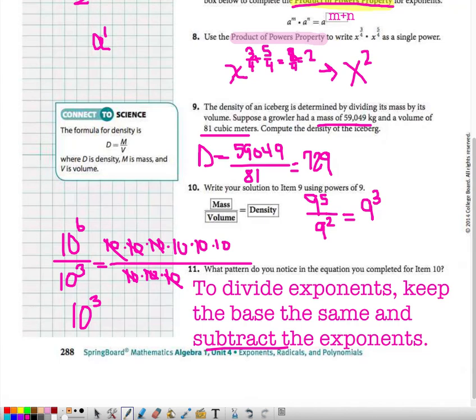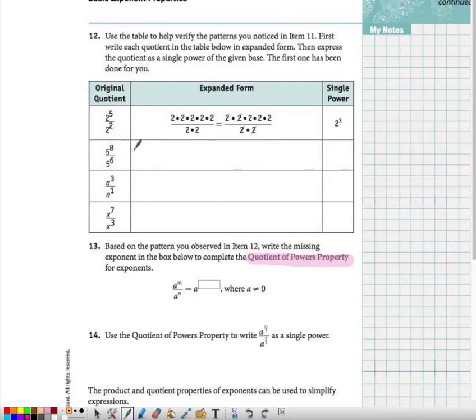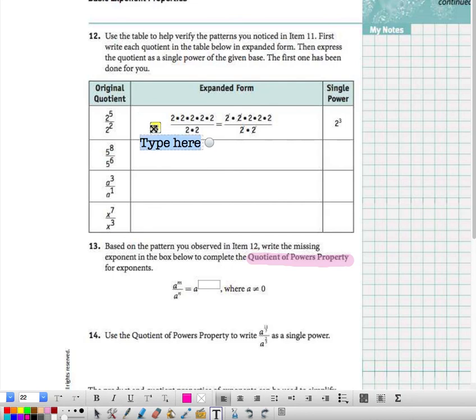So let's continue on. Now we're going to look at what I just explained, but from an expanded notation, so use it to verify the pattern. So 5 to the 8th again is 5 times itself 8 times. So 5 times 5 times 5, 5, 5, 5, 1, 2, 3, 4, 5, 6, 7, and 8.